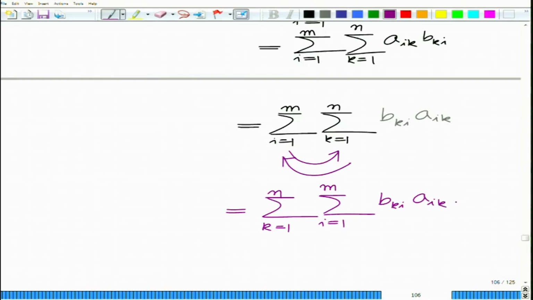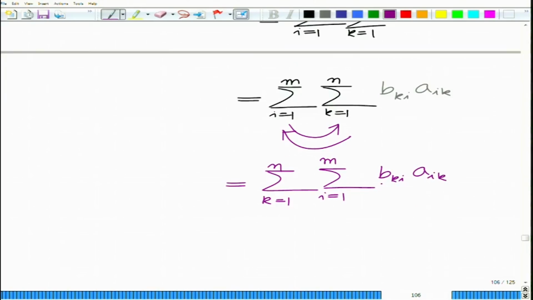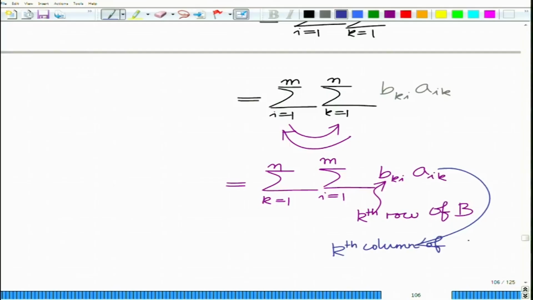aik. Now look at this: bki is basically the kth row of B, and aik is correspondingly the kth column of A. You are taking an element wise product of the elements of the kth row of B and the kth column of A. So, if you look at this, this is nothing but the kth element of BA.